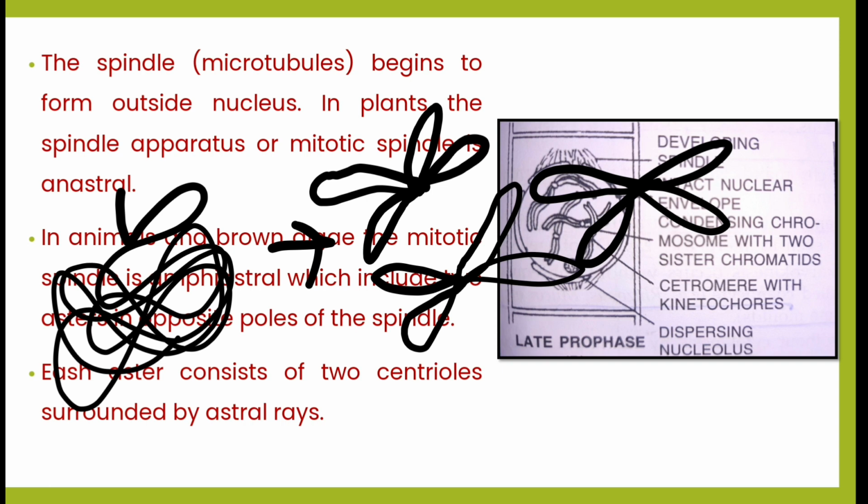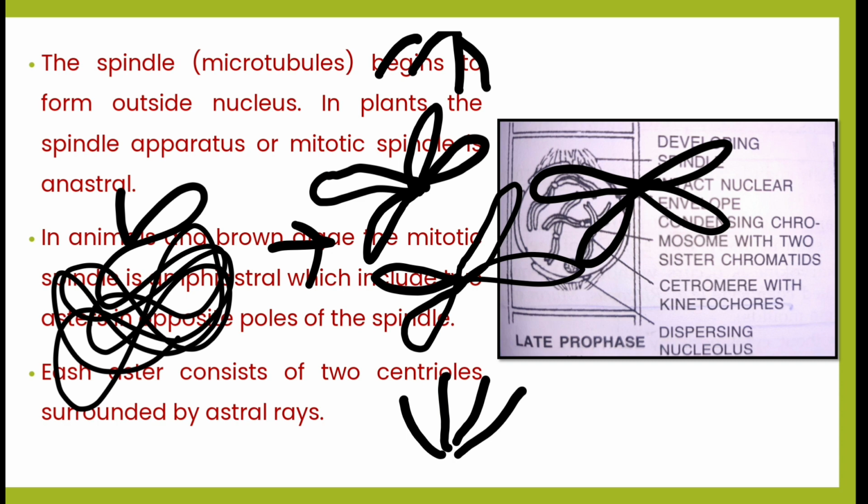Then outside the nucleus, the spindle fibers begin to appear. Plant cells do not have the astral rays which are formed from the centriole, but animal cells have centrioles and produce asters or astral rays at both poles.